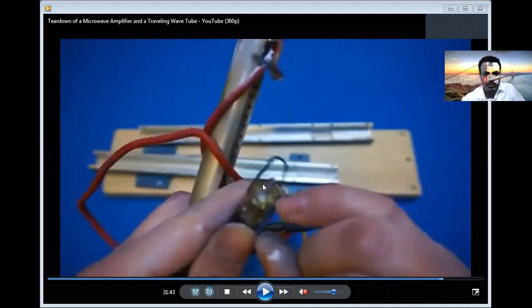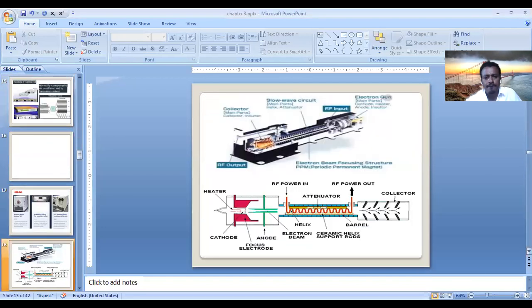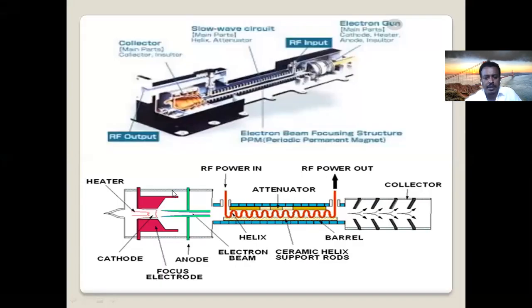That's why I want to discuss with you. So this electron gun, and so as you can see in the TWT, this structure, what we call electron gun, which generates electrons.